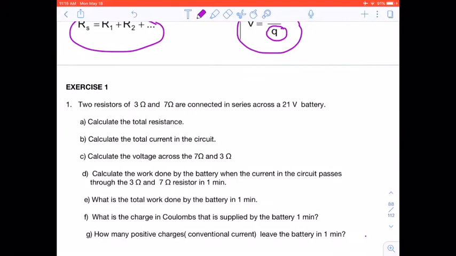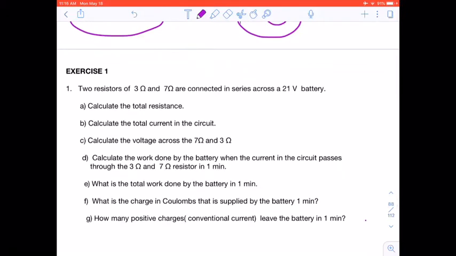So once you have a sense of that, it gives you an indication of perhaps where this battery is working harder. Is it when the resistors are connected in series, or is it when they are connected in parallel?